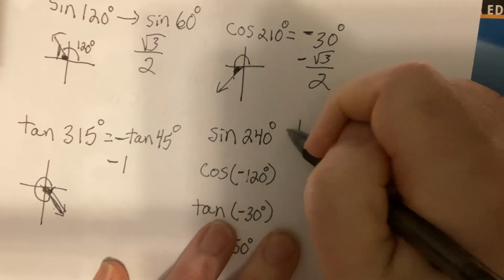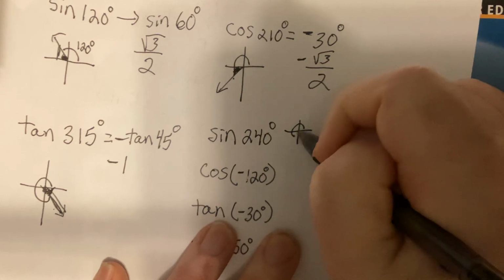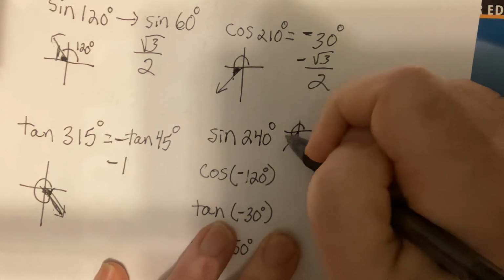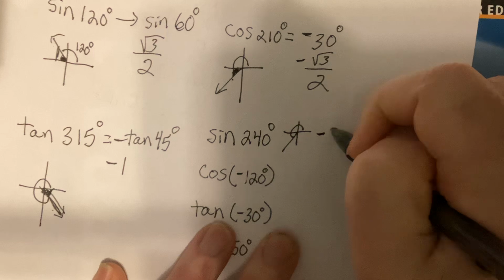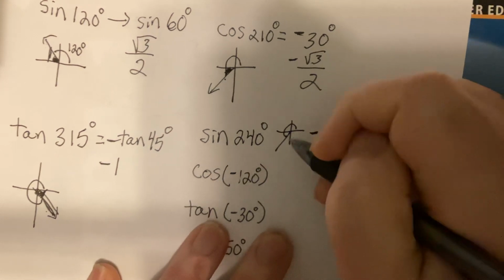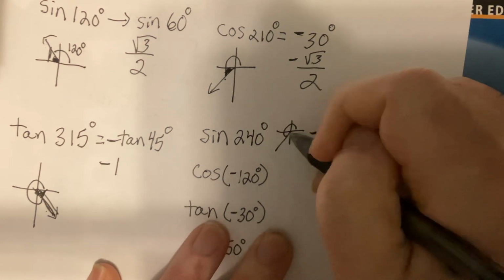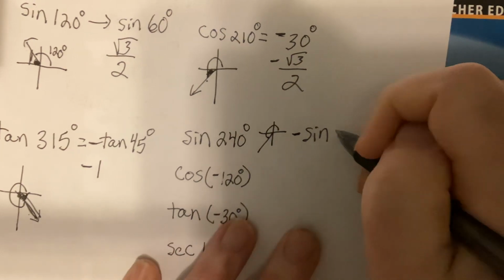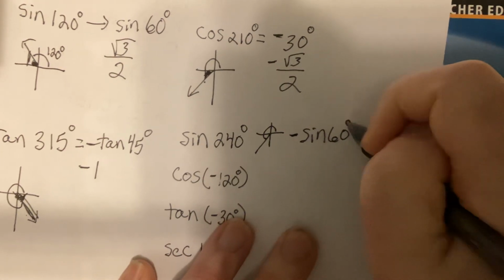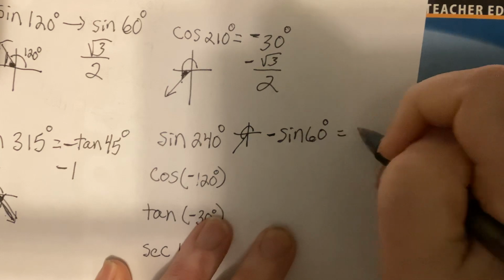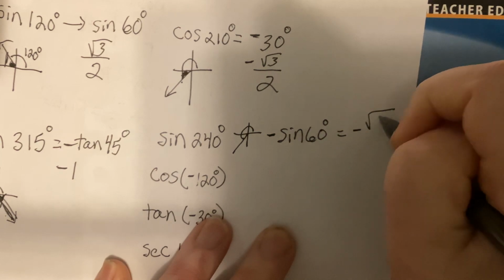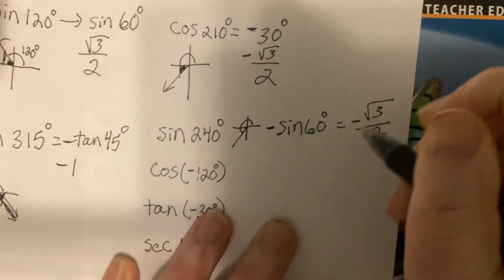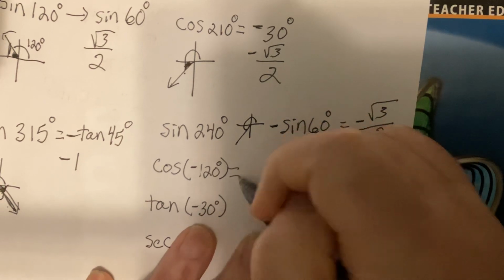Well, 240 is right there. Sine is negative in the third quadrant. 60 degrees is between the closest x-axis and the terminal side. Sine of 60 is square root of 3 over 2. Cosine of negative 120.